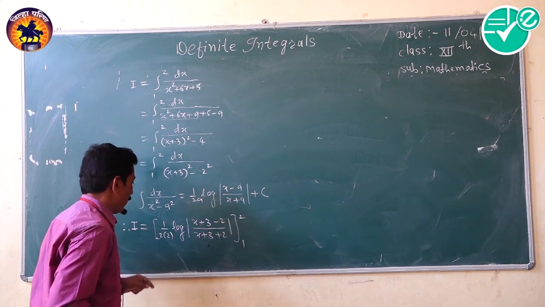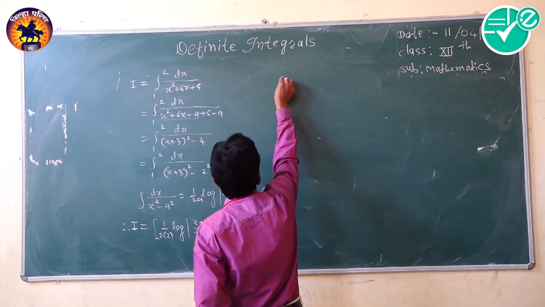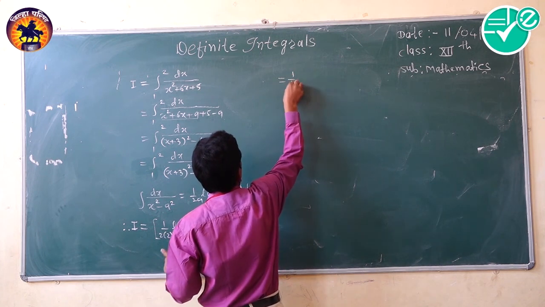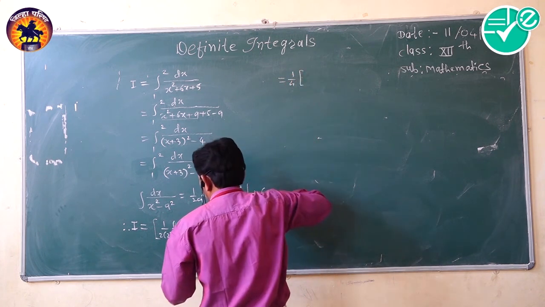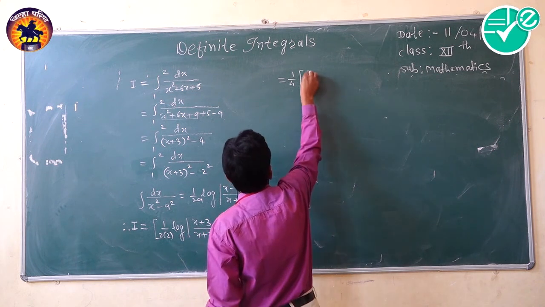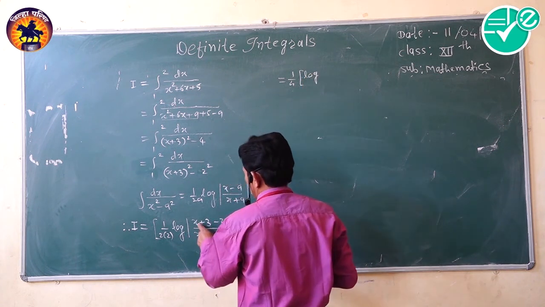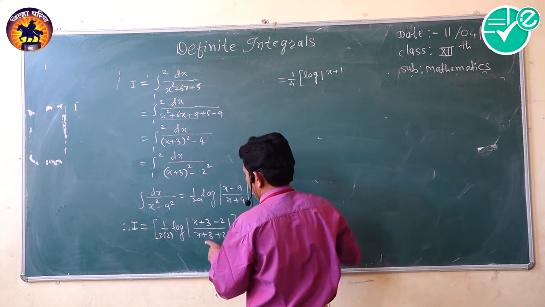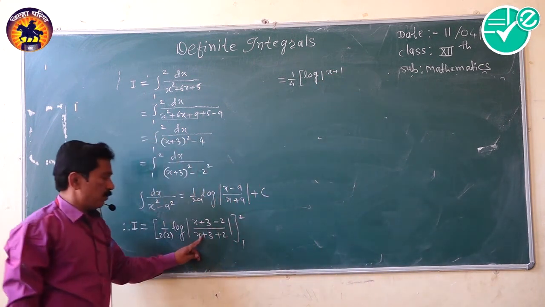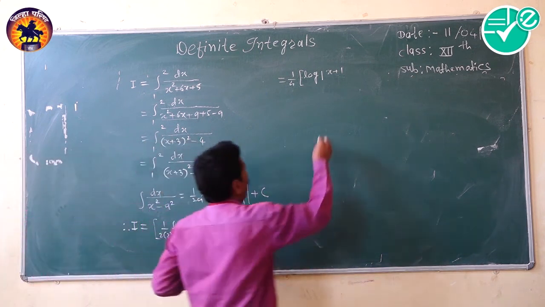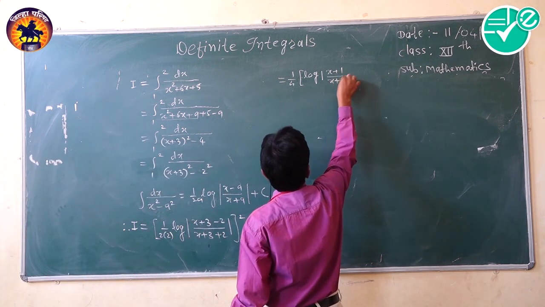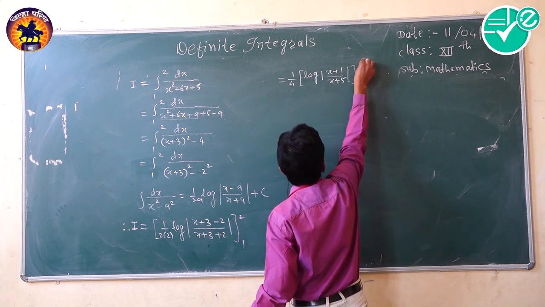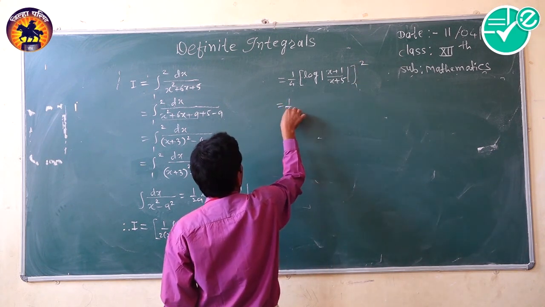Now this is equal to 1 by 2 into 2, that is 1 by 4, taking out of the bracket, log of x plus 3 minus 2, it is x plus 1, divided by x plus 3 plus 2, it is x plus 5, bracket close, limits are 1 to 2.